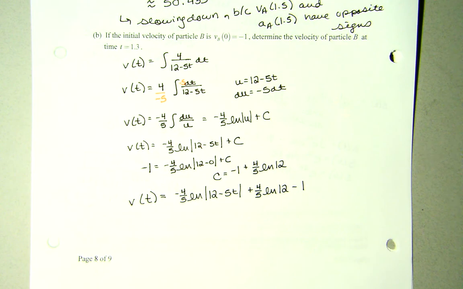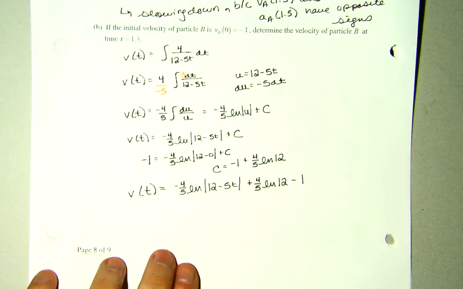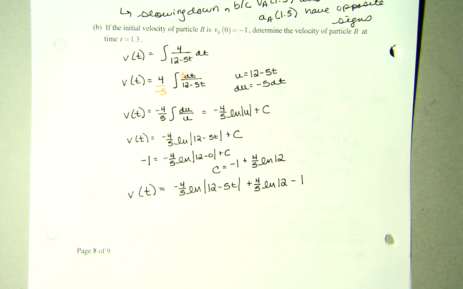Once you are done, then you're going to go to the calculator to find the velocity at time 1.3, once you've figured out your c value and all that stuff.